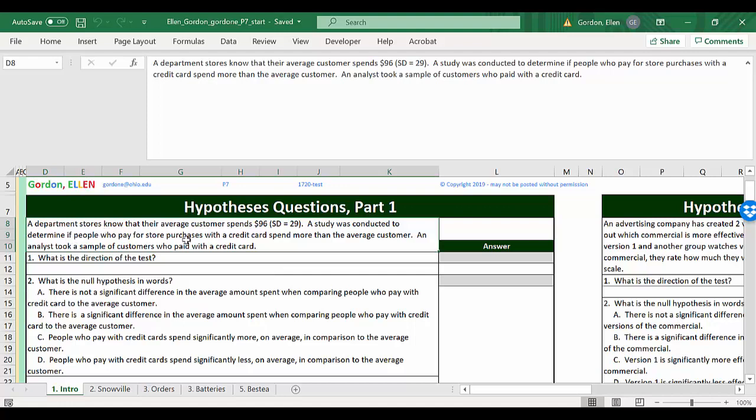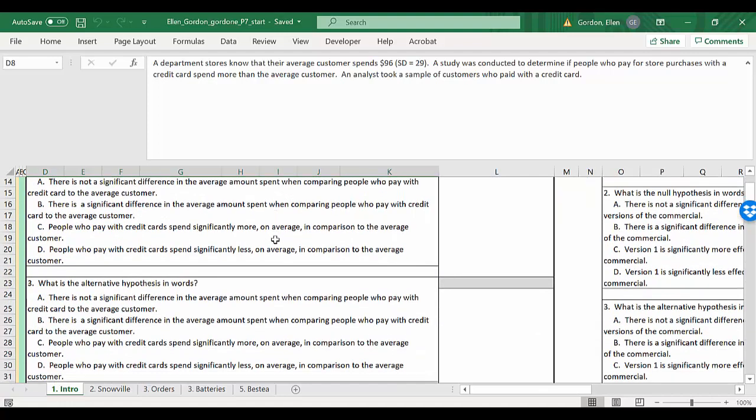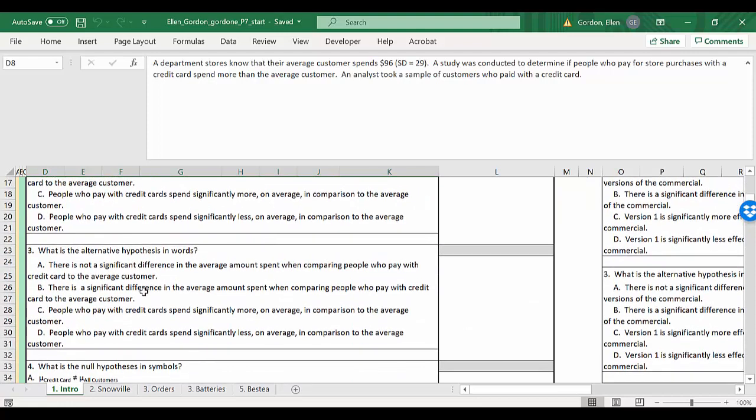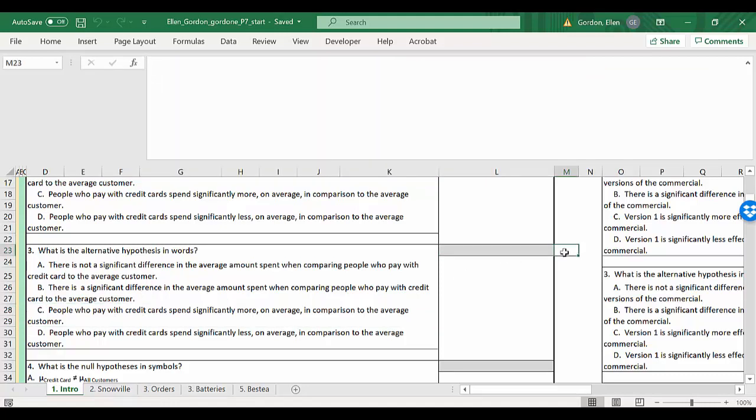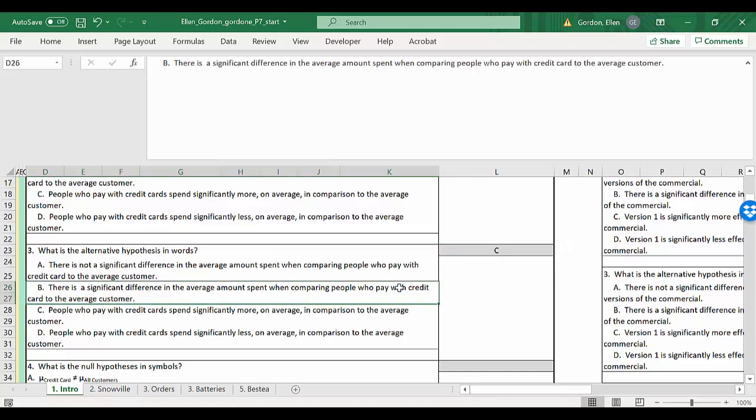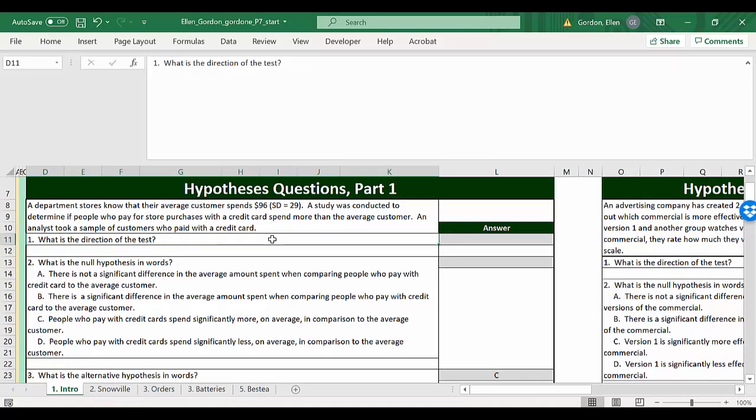So they want to see if people who pay for store purchases with a credit card spend more. So that is our alternative hypothesis. And you can see right here, it's C. People who pay with a credit card spend significantly more on average in comparison to the average customer. So we would put C. Then we can think about the direction of the test.